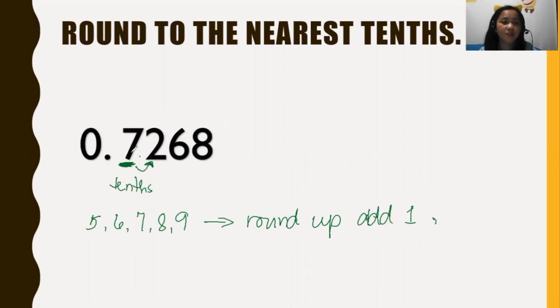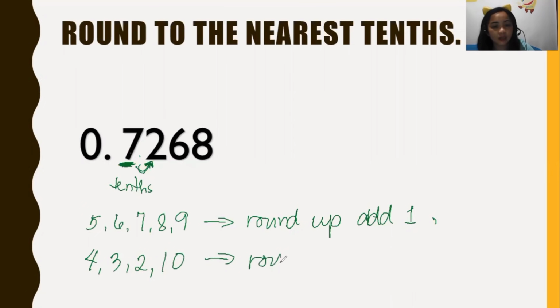So now, dahil 7 ang ira-round at ang katabi niya ay 2, kapag naman ang katabi niya ay 4, 3, 2, 1, and 0, that means round down. Meaning, you are going to retain the digit to be rounded.